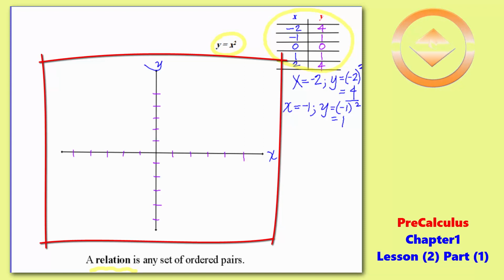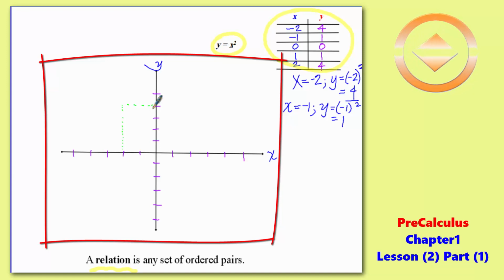Now for the first point, negative 2, 4, we have negative 2 and 4, so this would be here. We have negative 1, 1, so it would be here. We have the origin for 0, 0, and we have this point.